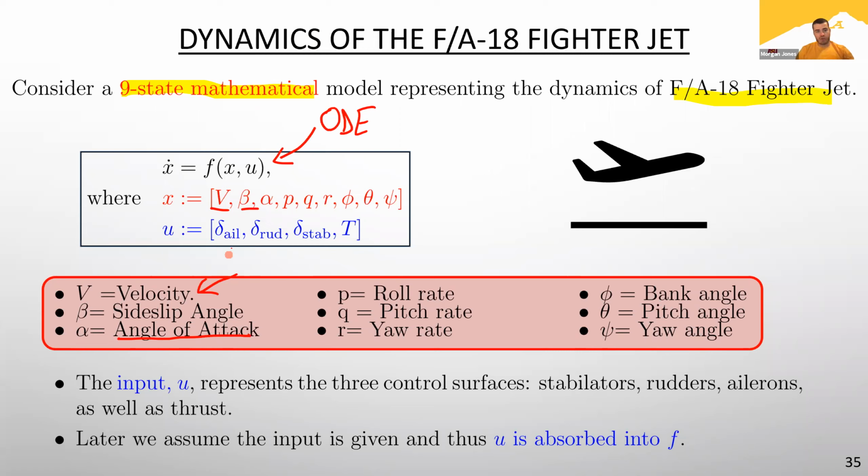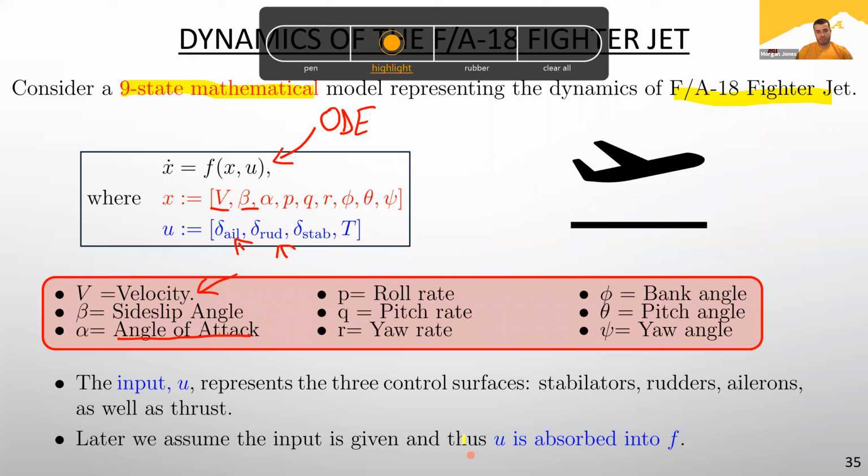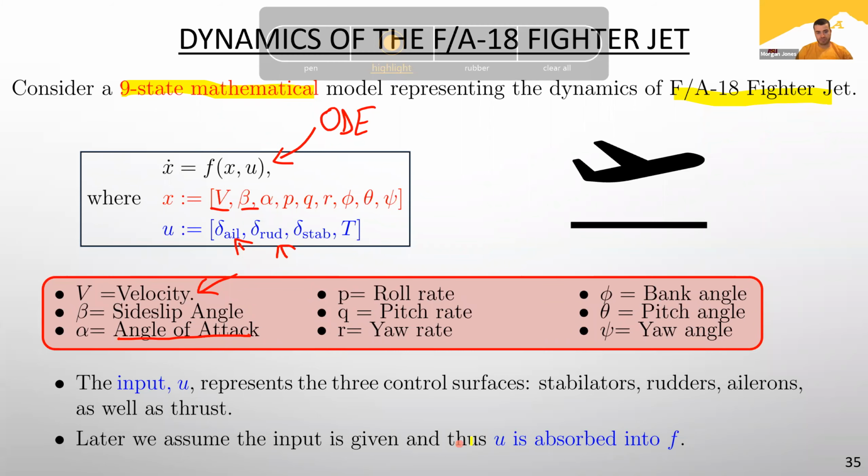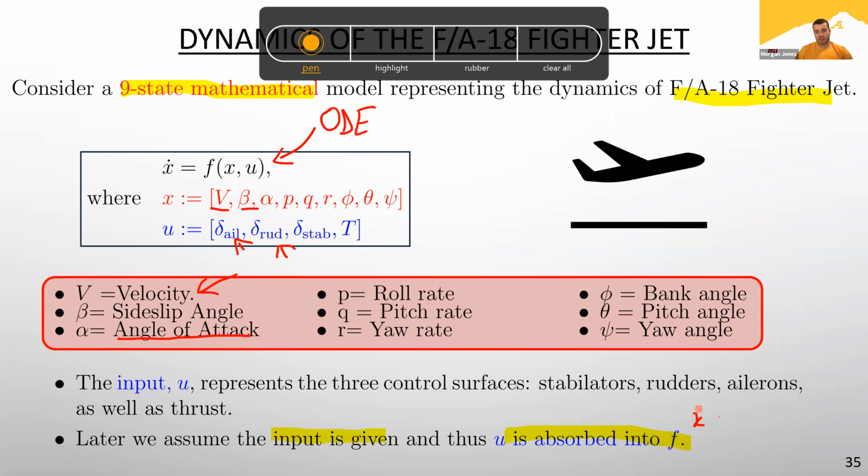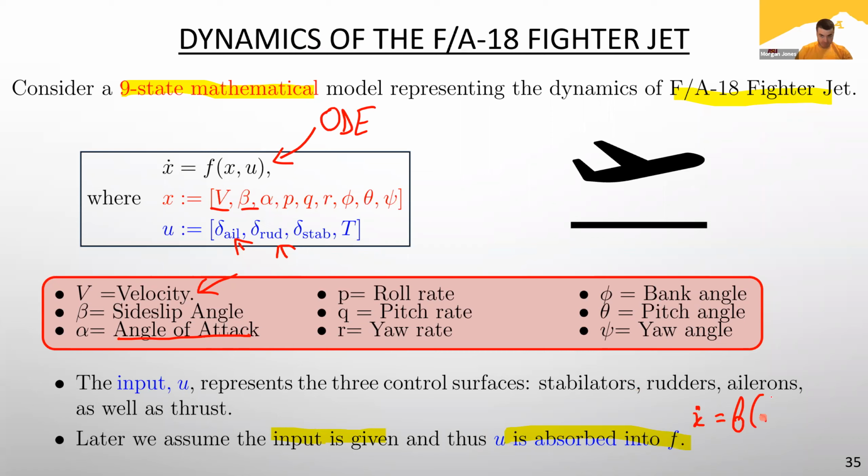There's also an input, and we can control several things on the airplane. But for the purposes of this talk, we'll assume that the input is given, and therefore U is absorbed into F. So we just consider systems x dot equals f(x).